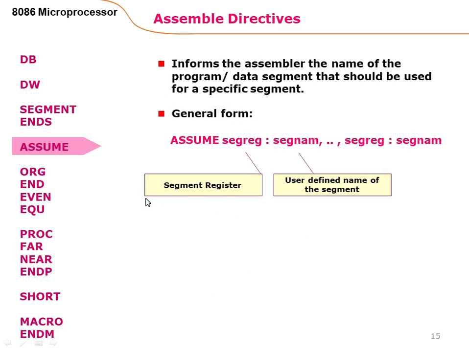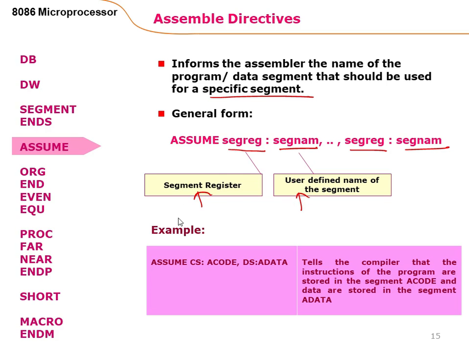Next is ASSUME. ASSUME is a directive which is used to inform the assembler of the name of the program or data segment that should be used for a specific segment. The general form is ASSUME segreg:segnum, segreg:segnum. Here segreg is the segment register, and segnum is the user defined name given to the segment register.